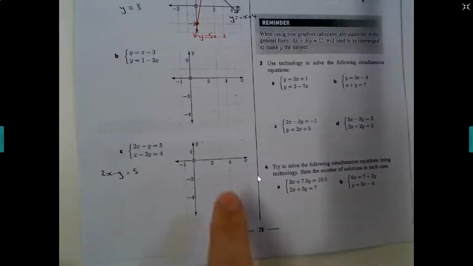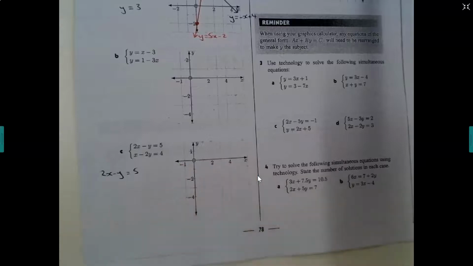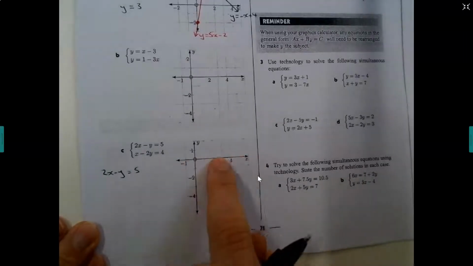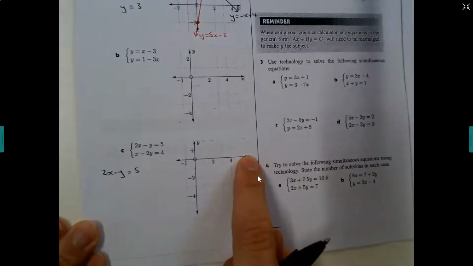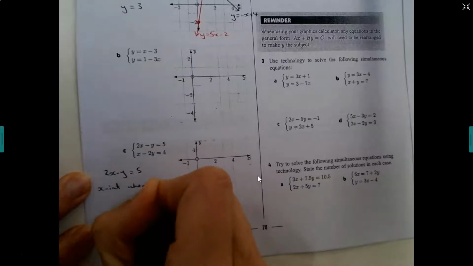Now, for this graph here, let's think about the x-intercept. So the point where it's going to intersect the x-axis. What will be the value of y when our graph intersects that x-axis? 0. So x-int when y is equal to 0.